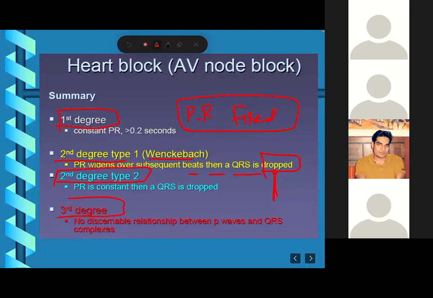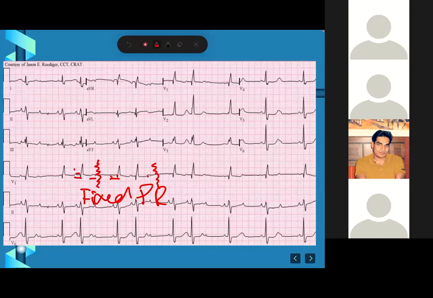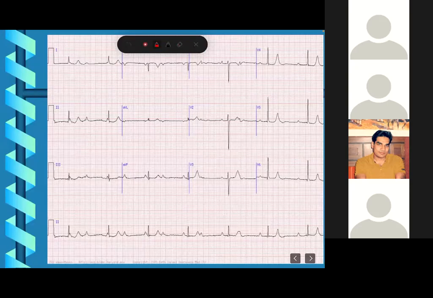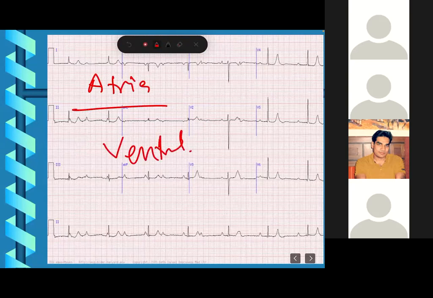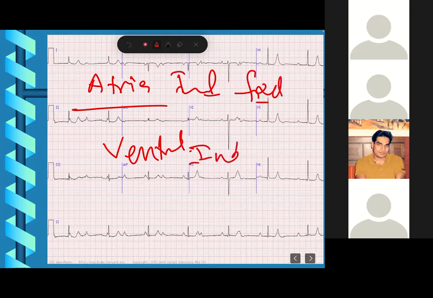Then comes the third degree AV block. In third degree AV block, there is no association between atria and ventricles. Atria are beating independently at a fixed rate, and ventricles are also beating independently at a fixed rate.